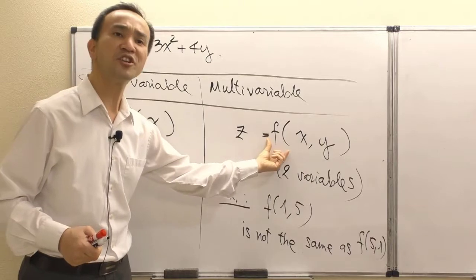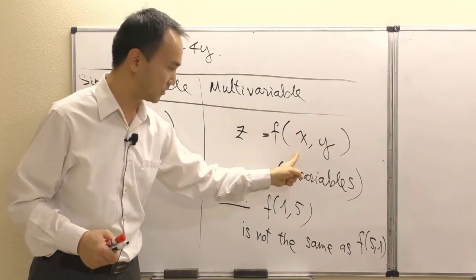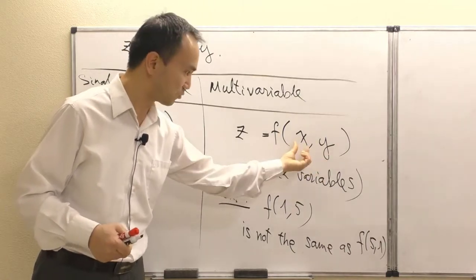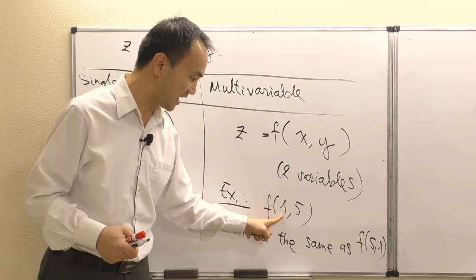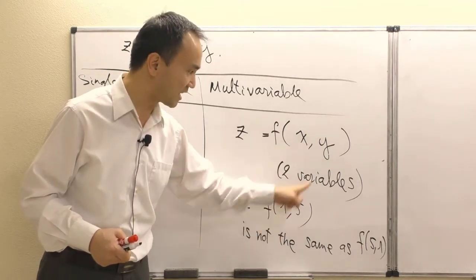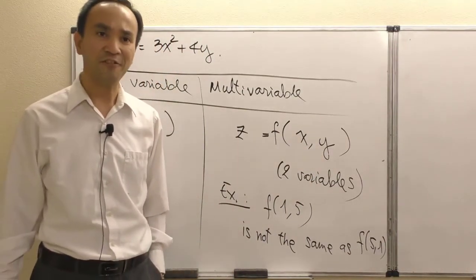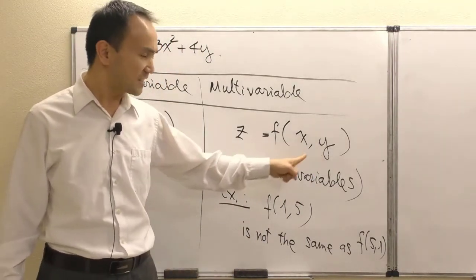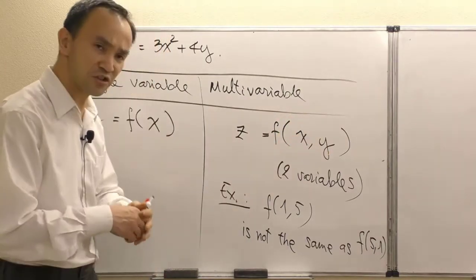Notationally, we use f and then an ordered pair, which means that the first number given in the input is designated for the x, and the next one is designated for the y, however we name our variables. That's how we come up with the notation for functions of 2 variables.